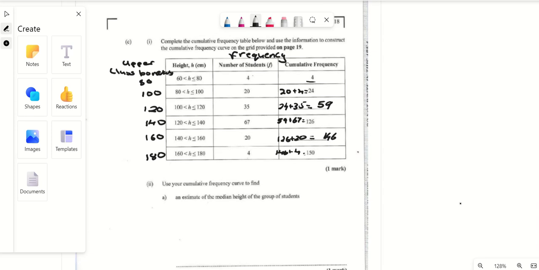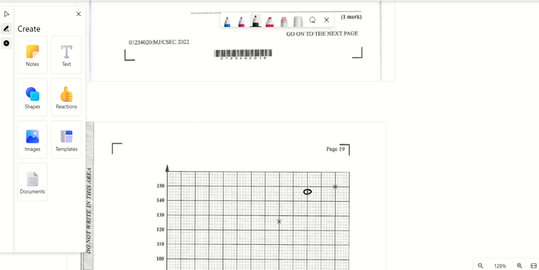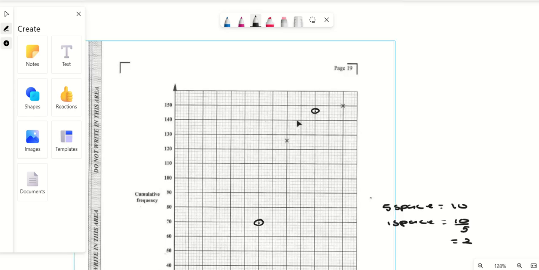So the points that I would have to plot for this one would have been 120 is my x and 59 is my y. And this one would have been 160 and 146. And this would be my values that I had to plot here.